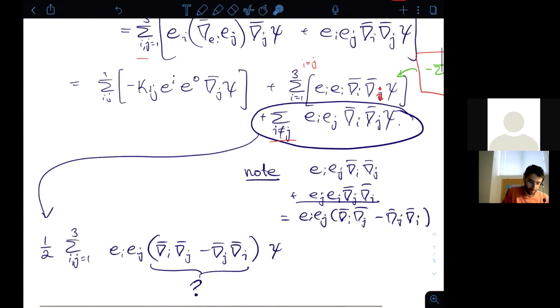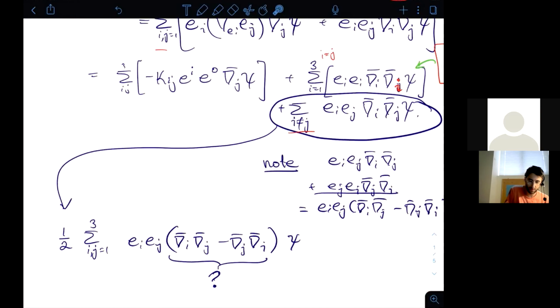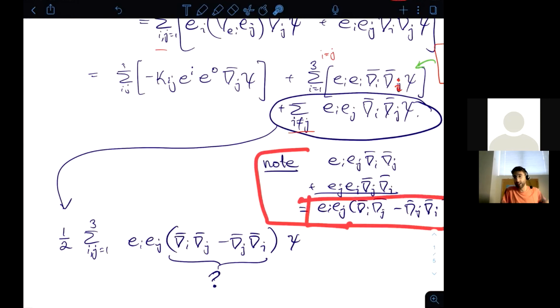Good. So if I want to write this, I can just write it as a sum over just i less than j of these things, because I can take the two swaps of each other and combine them into a single term given by what I'm boxing right here.